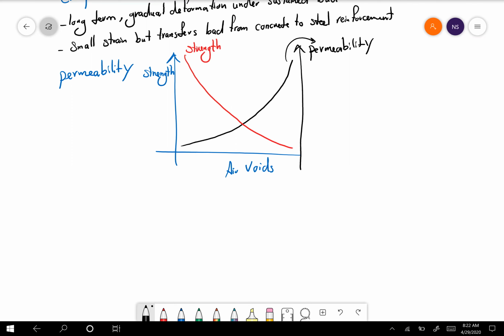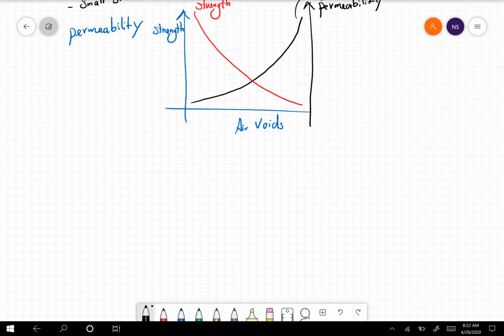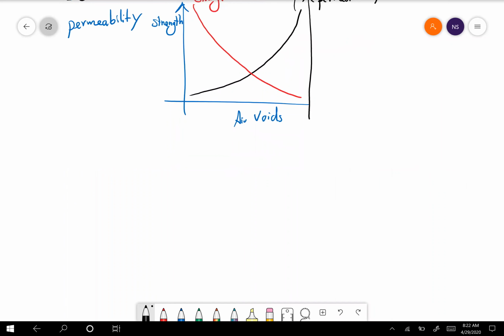The higher permeability and higher air voids mean lower strengths. That's why they use permeable or pervious concrete only in parking lots or bike path pavements that don't require a very high amount of compressive strength.